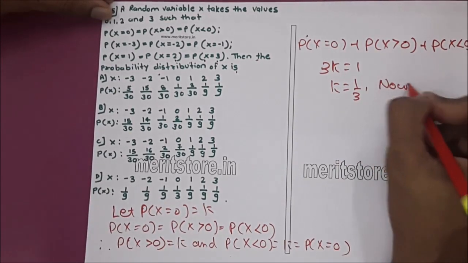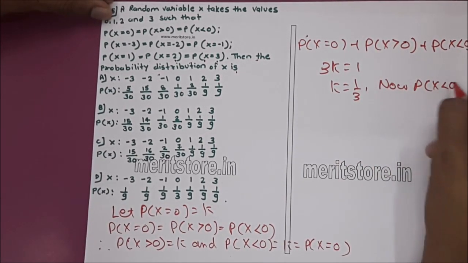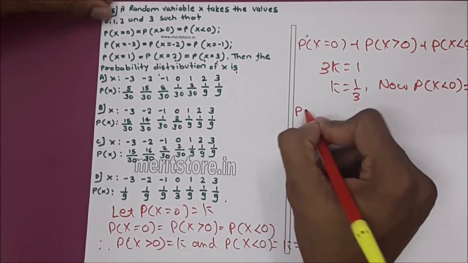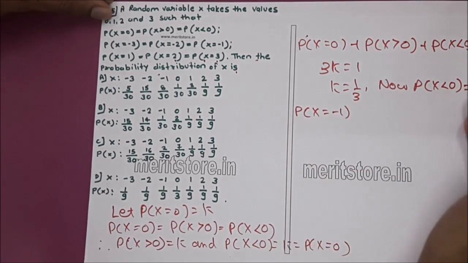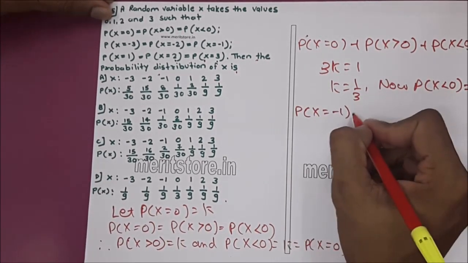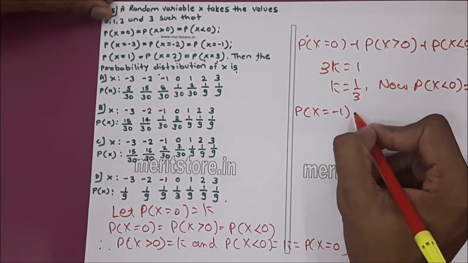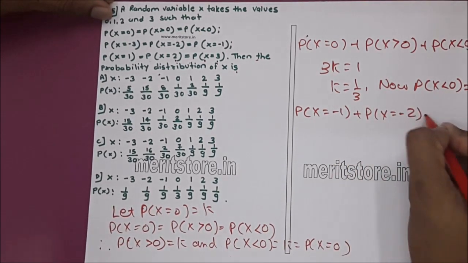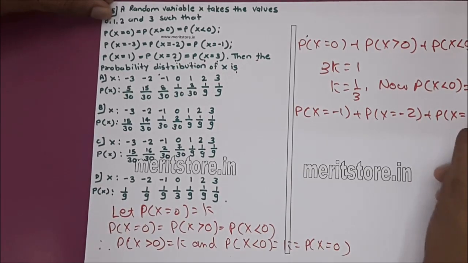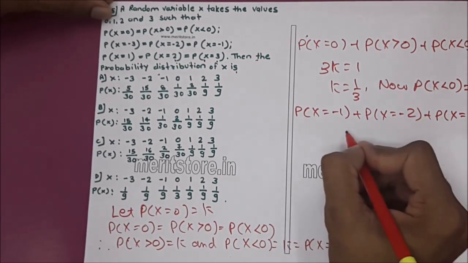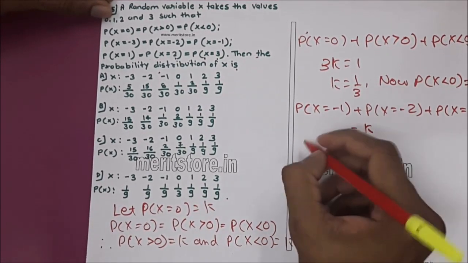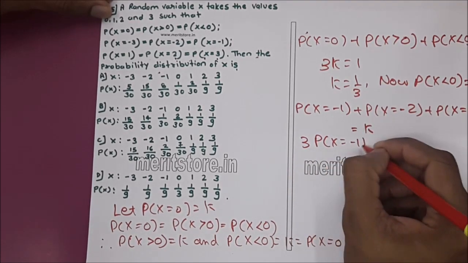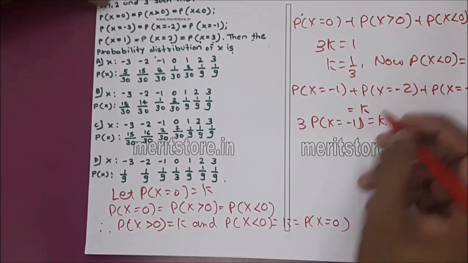Now P(X < 0) is equal to k. We know that less than 0 we get negative integers, so P(X = -1) + P(X = -2) + P(X = -3) = k. We add this, we get 3P(X = -1) = k.